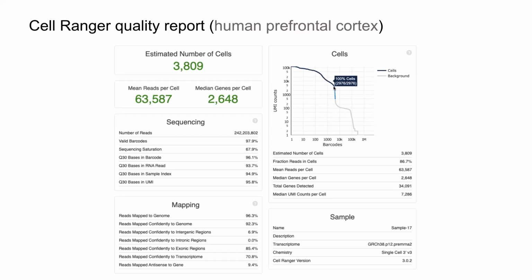Everything above is where our cells are and everything below is background, but it's often not this simple. This is quite a nice example where the background barcodes are very easily distinguishable from the real cells.